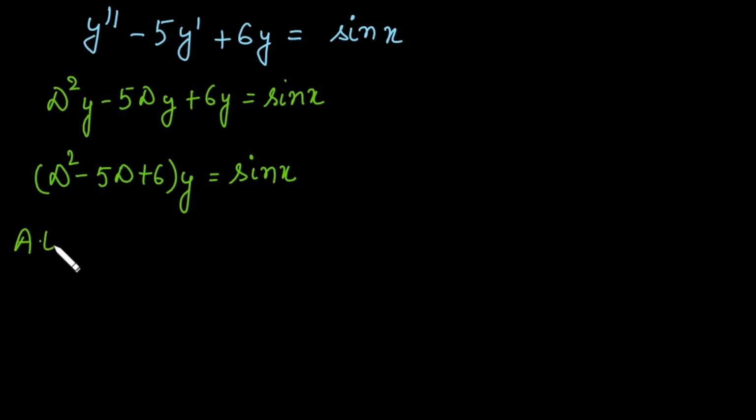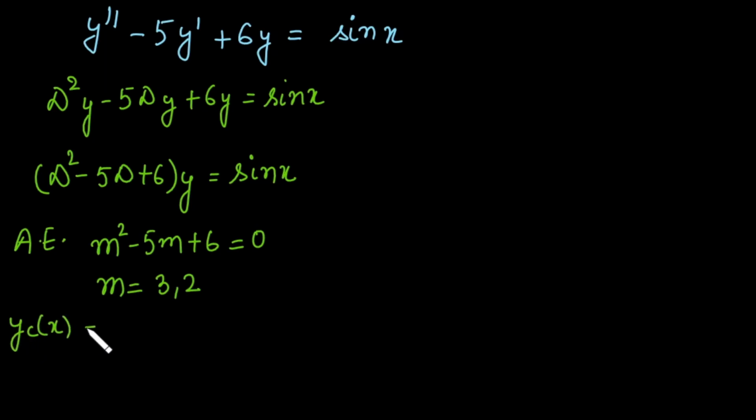For that, write the auxiliary equation: m square minus 5m plus 6 is equal to 0. So the roots in this case are 3 and 2. The final complementary solution is c1 e raised to power 3x plus c2 e raised to power 2x, because the roots are real and they are different.